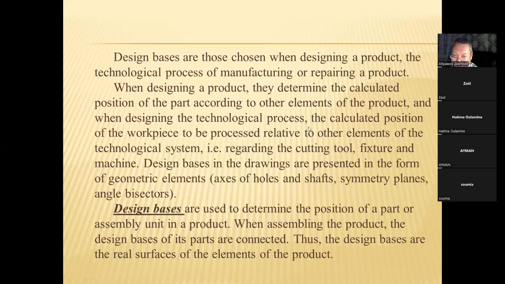When assembling the product, the design bases of its parts are connected. Thus, the design bases are the real surfaces or elements of the product.